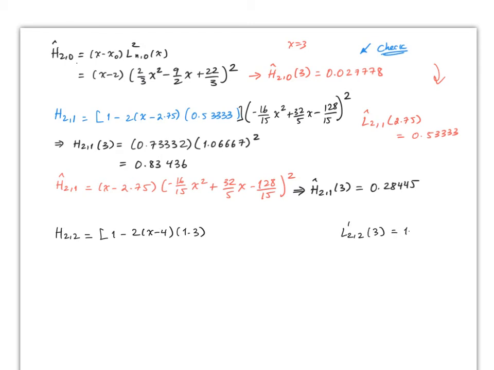This will give you 1.3, so you should check that, times (2/5 x squared minus 19/10 x plus 11/5) squared.